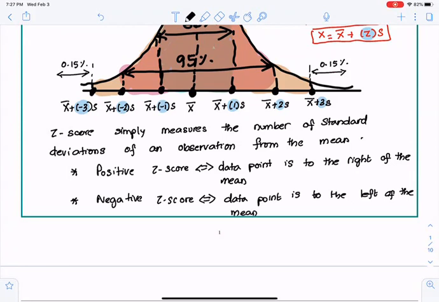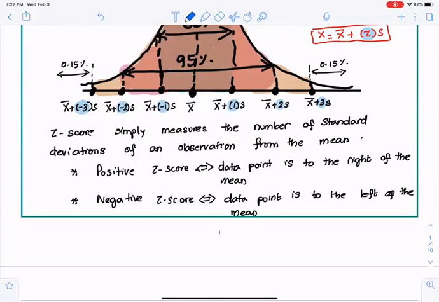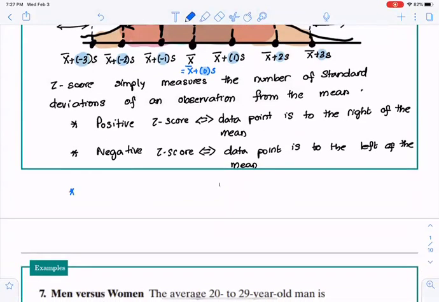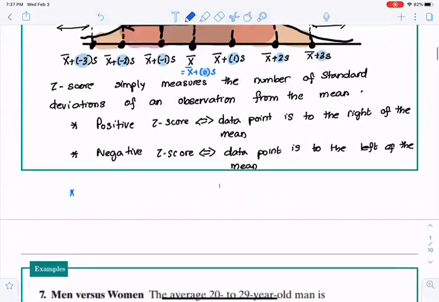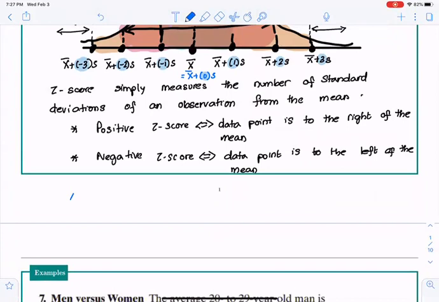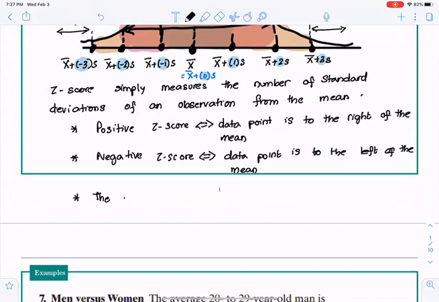Now one may ask, what if we had a 0 z-score? Well, if you look at x bar, I could rewrite x bar as x bar plus 0 times s. So the mean of a sample has a 0 z-score.